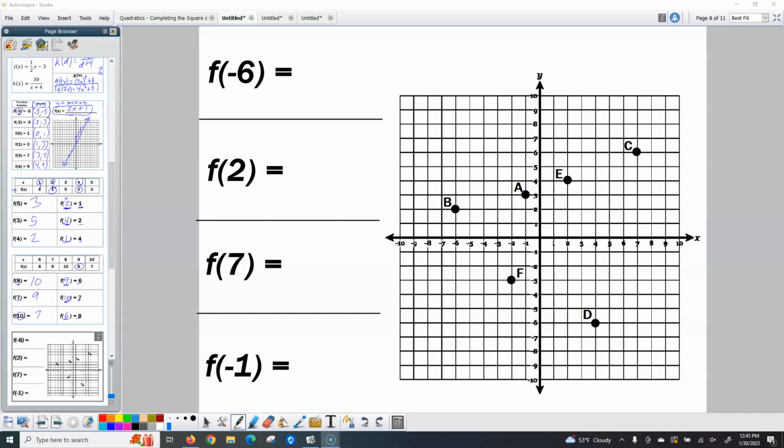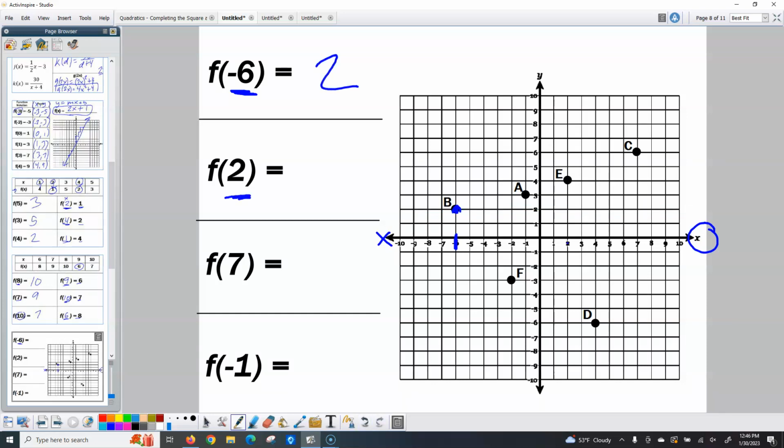So once again, kind of looking at a graph instead of a table, when x equals -6, I'm going to go on the x-axis right here. Here's the x-axis at -6 right there. That would be point B. So when x equals -6, my y value right there looks like it would be 2.